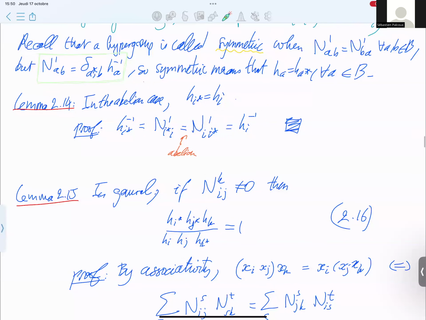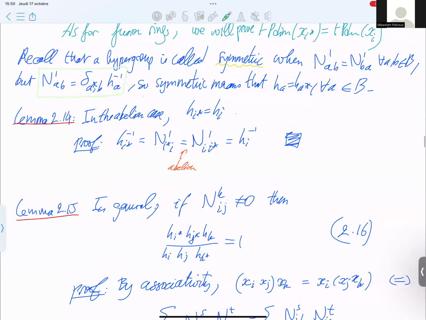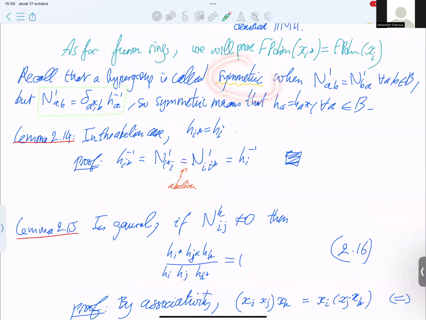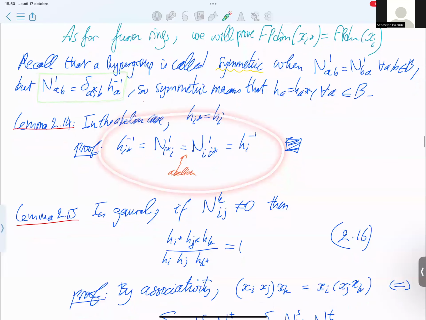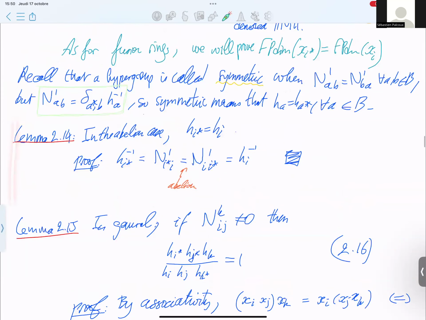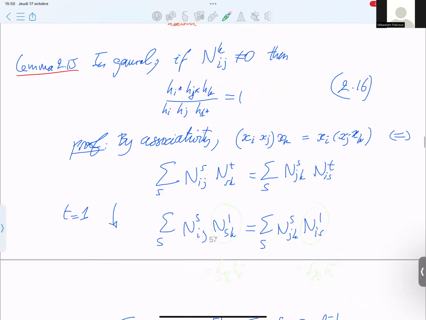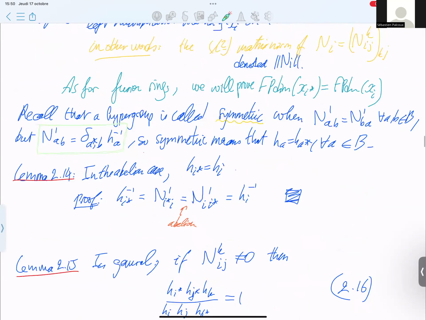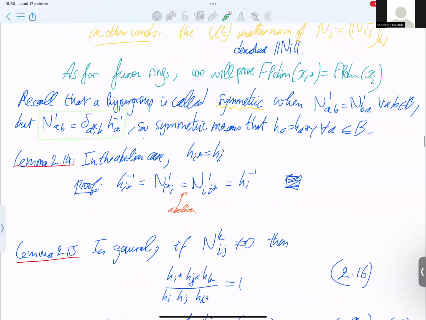So, in the abelian case, everything is symmetric, because in the abelian case you can commute this and this, so it's trivial. But in general, we will more or less prove that the symmetric assumption is true in general, under maybe some finite dimensional assumption. But the hypergroups we define in the course were already assumed finite dimensional.